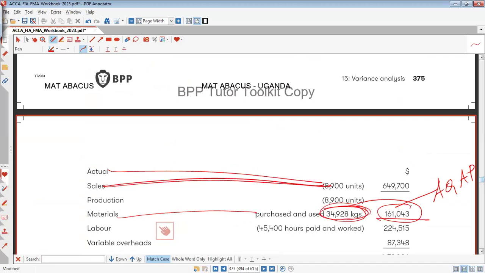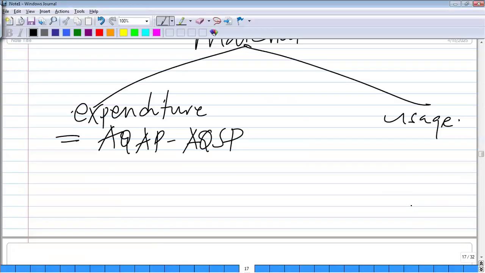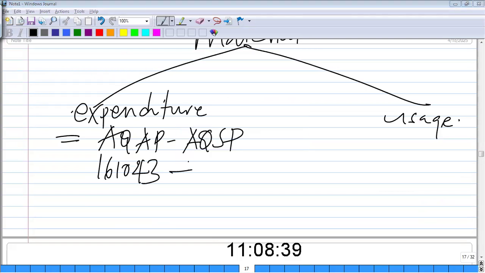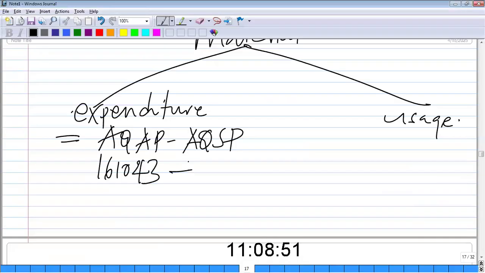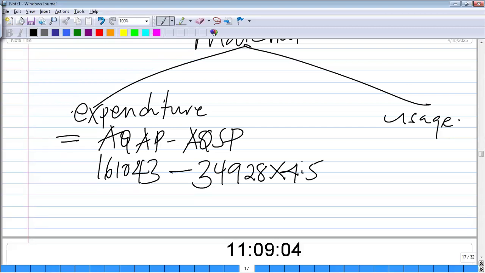But you can just take 161,043. 161,043 minus, we have AQ being 34,928. Hope everybody sees that. 34,928 times, what's the standard price per unit? 4.5. Okay, what do we get?